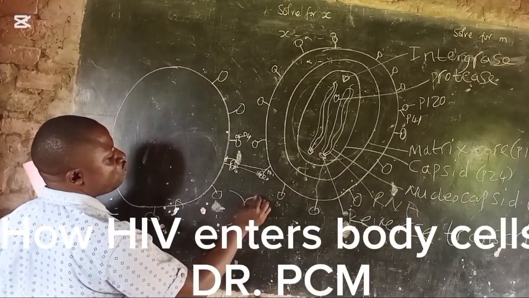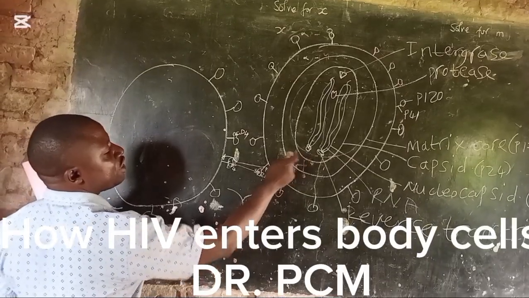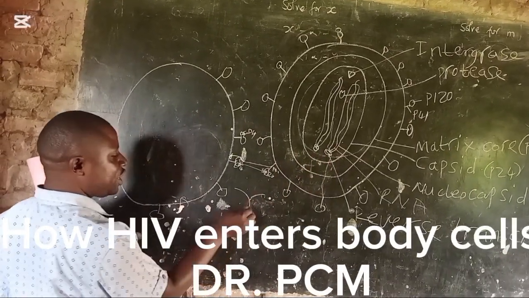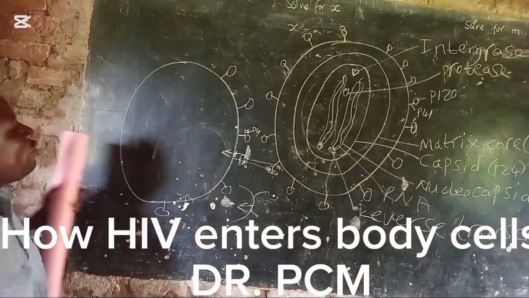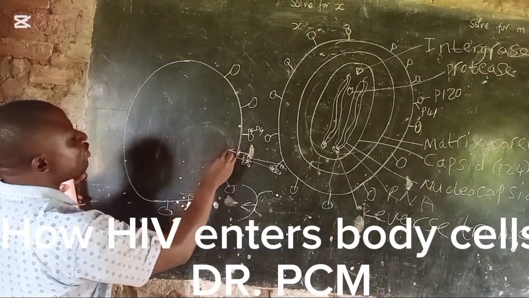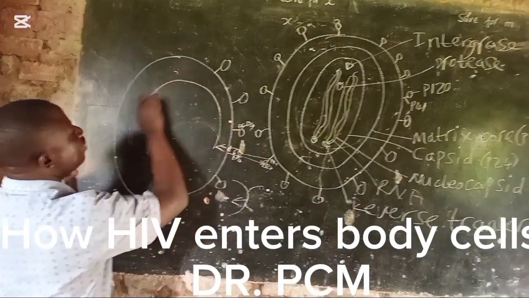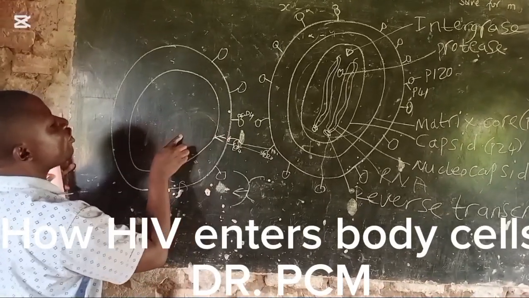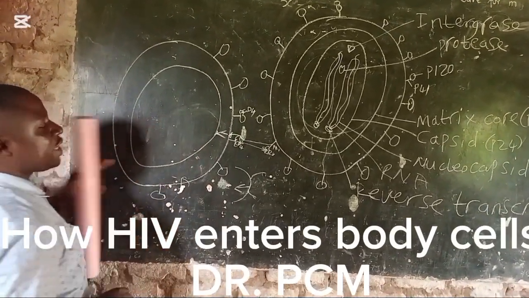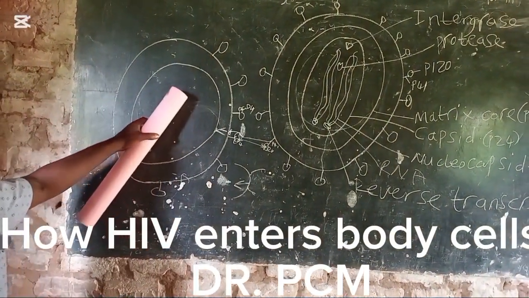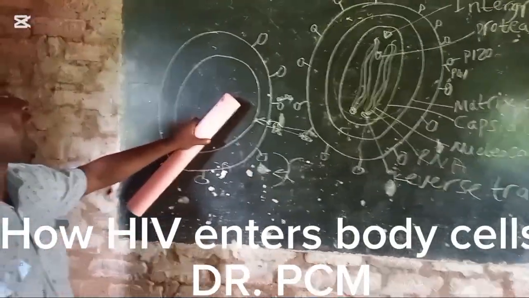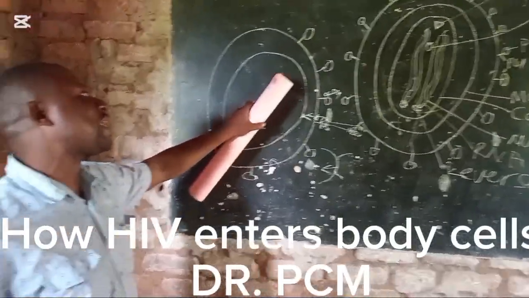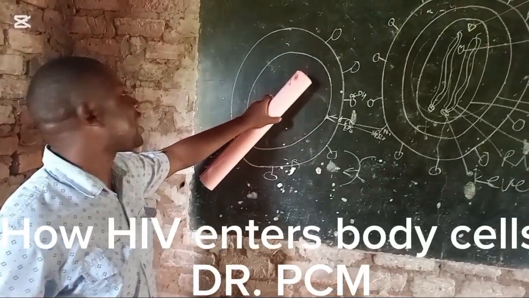The P41 also comes and attaches into the cell wall, and later they come together, the cell and the HIV cell, eventually entering into the human cell, the T helper cell.